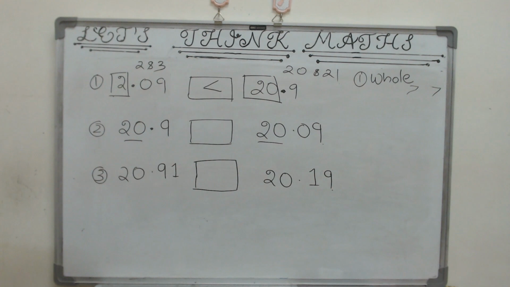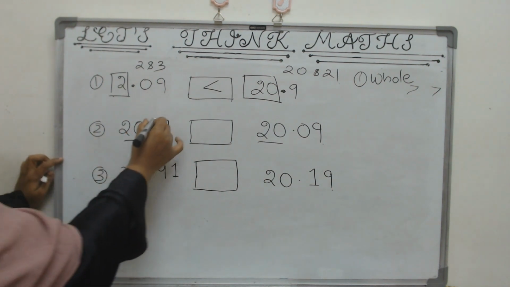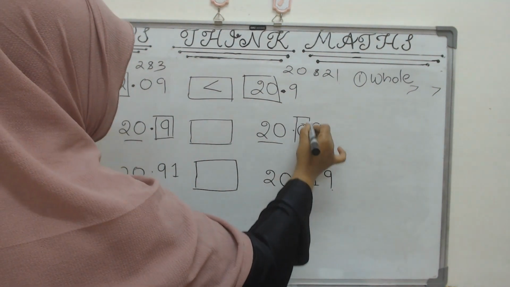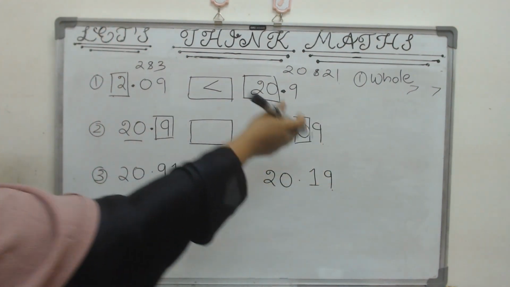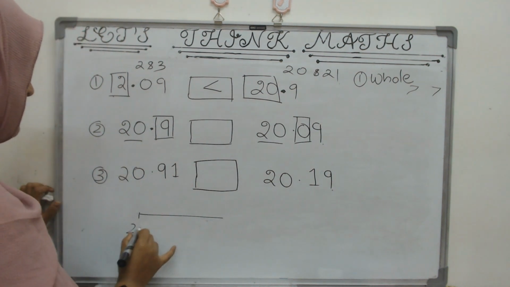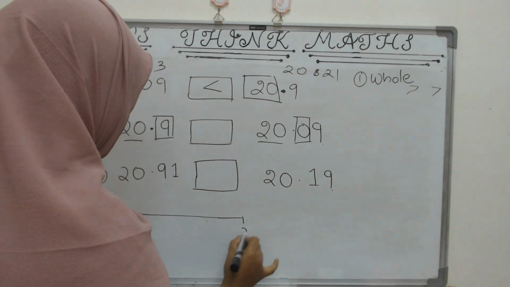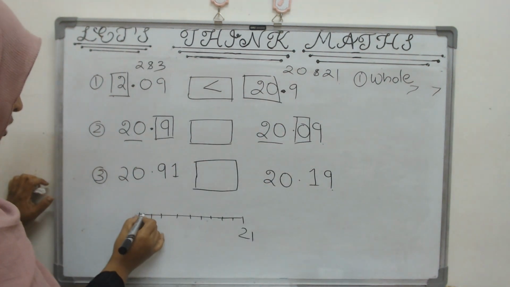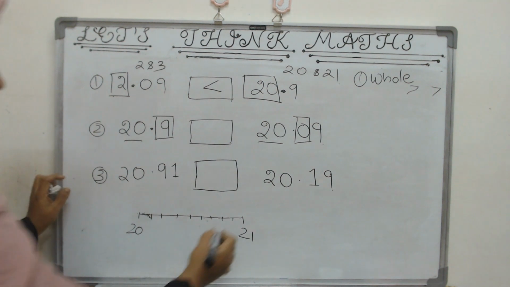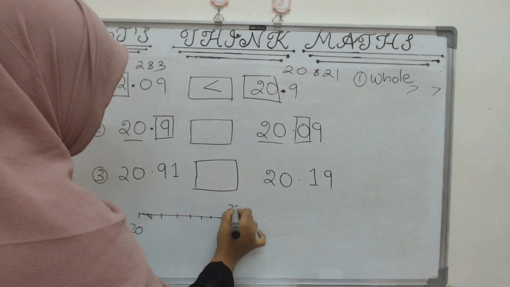Then what do you check next? You check the 10th part. The 10th part here is 9 and the 10th part here is 0. What does that mean? This number lies between 20 and 21. The number 20.0 lies somewhere here and this 20.9 lies here.